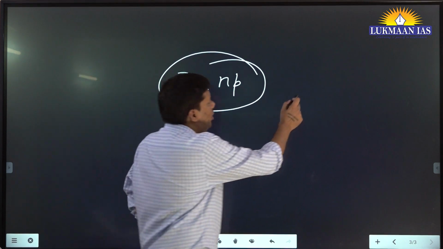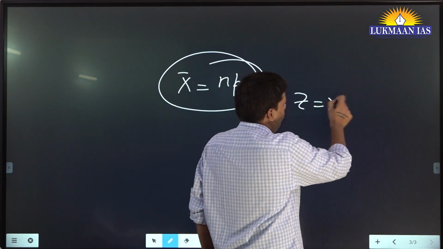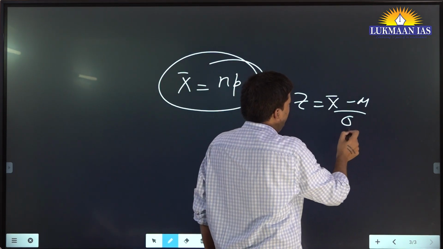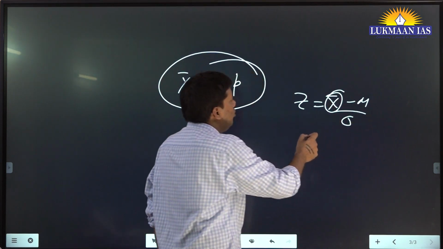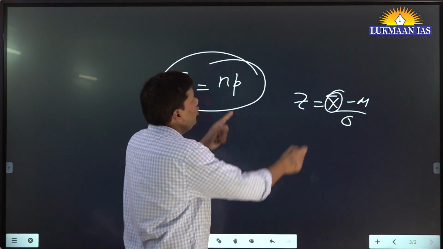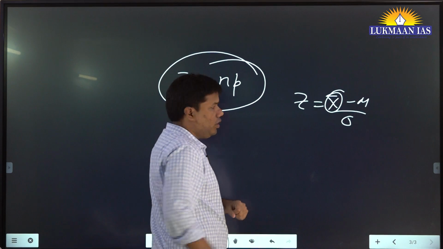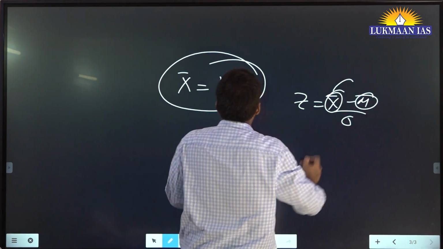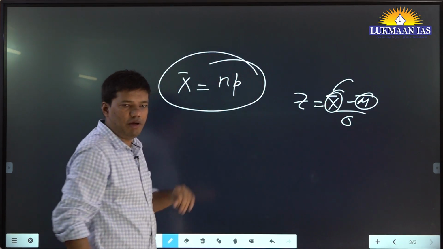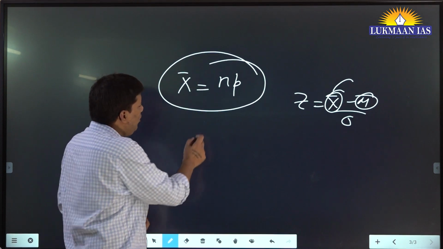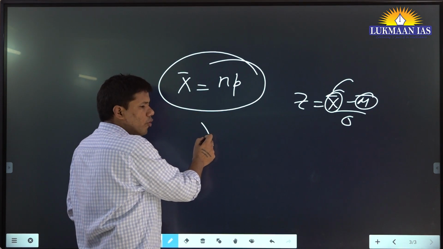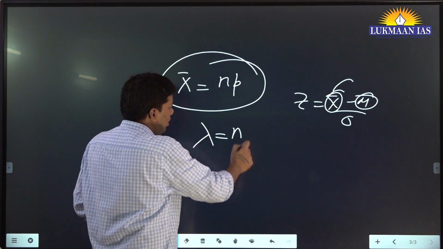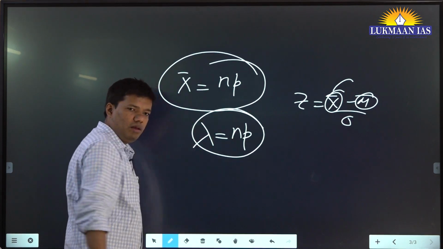In normal, what you do, z is equal to x bar minus mu upon sigma, right? Here mu you will replace by np. Suppose this is a random variable, so this population mean you will get from np. Even in your Poisson distribution, you saw lambda is equal to np, right?